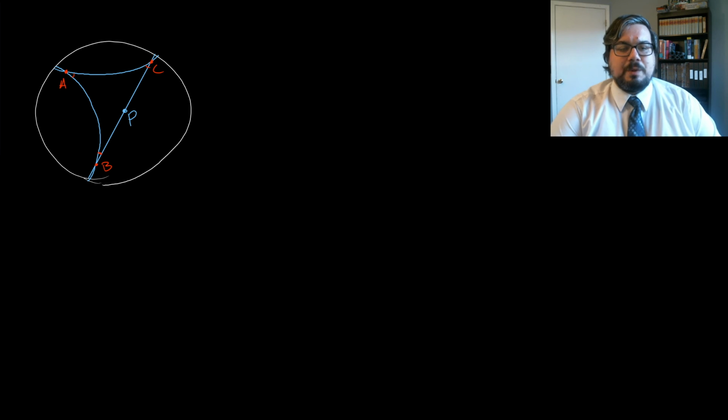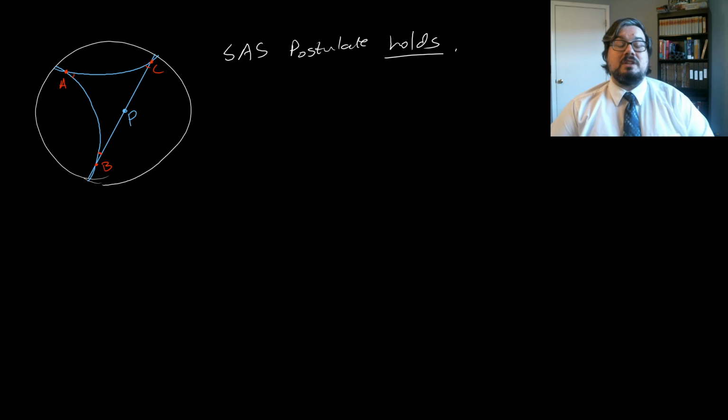However, despite all this weirdness, it turns out that the side angle side postulate holds, which means we have congruence of triangles, we have side angle side, and all the things that come from that. So we have side side side holding, we have angle angle side holding, and all of the other congruence axioms that we had before.